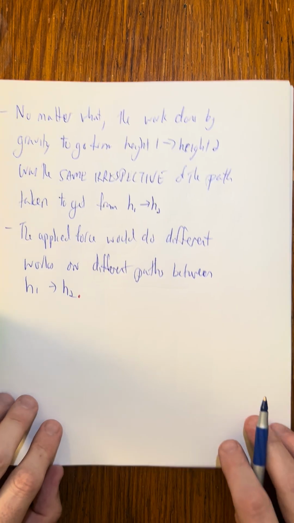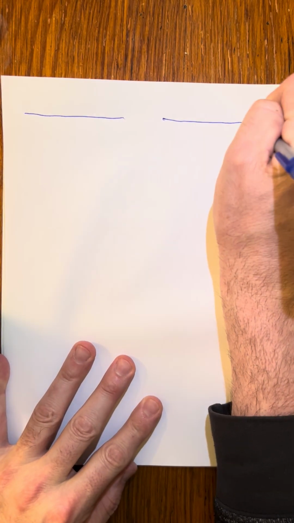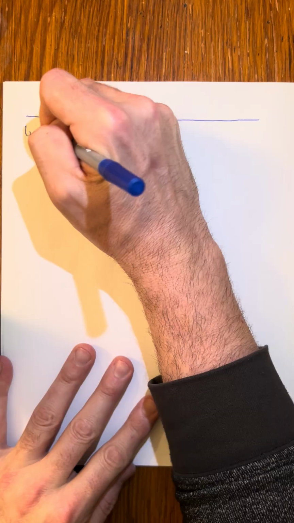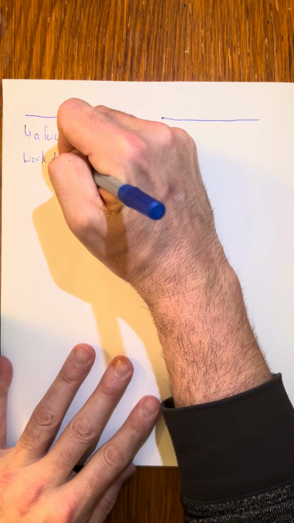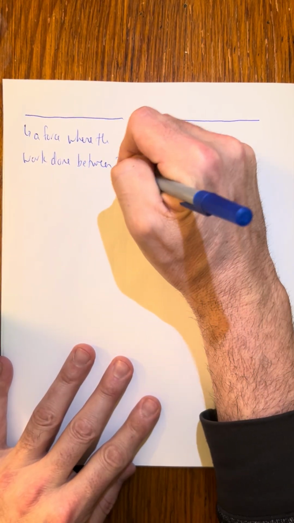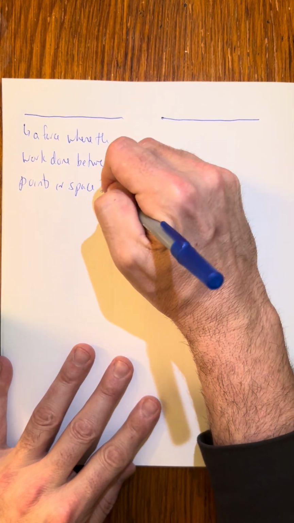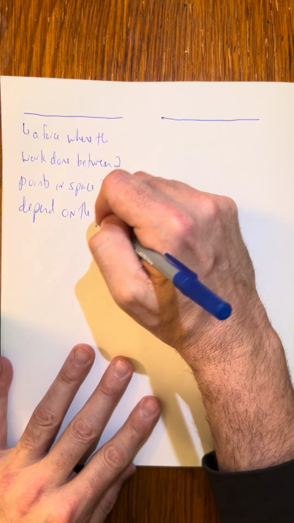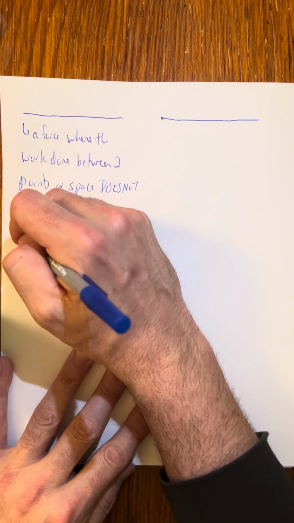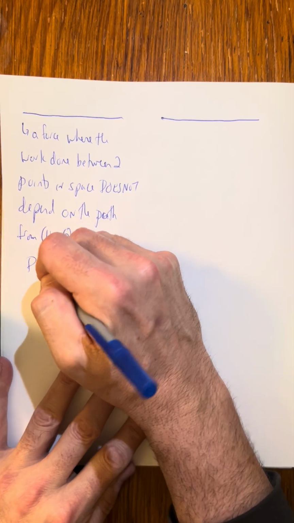So a long way around to say, there exist two types of forces in this universe, and we're going to give titles to them. One is a force where the work done between 2 points in space does not depend on the path from 1 to 2. We call these forces path independent.